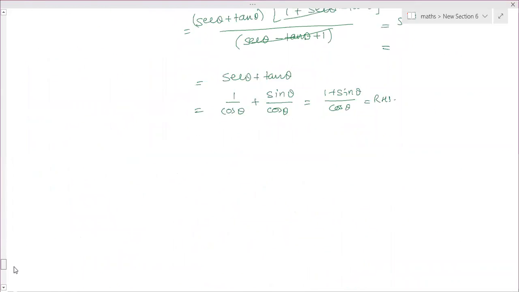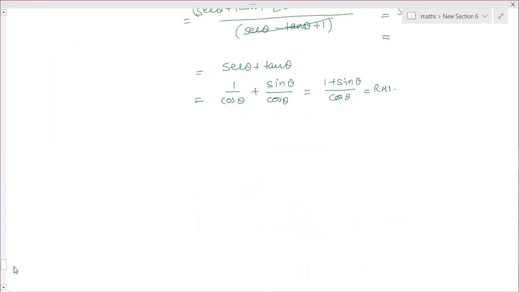Tan theta plus sec theta minus 1. Tan theta minus sec theta plus 1 is equal to 1 plus sine by cos.